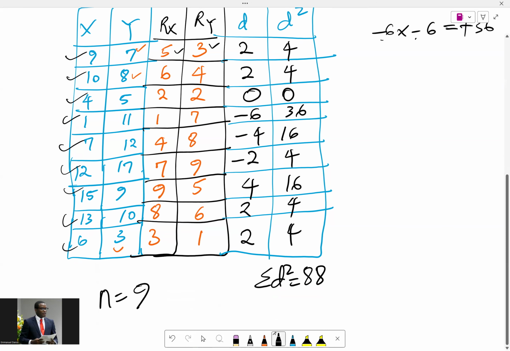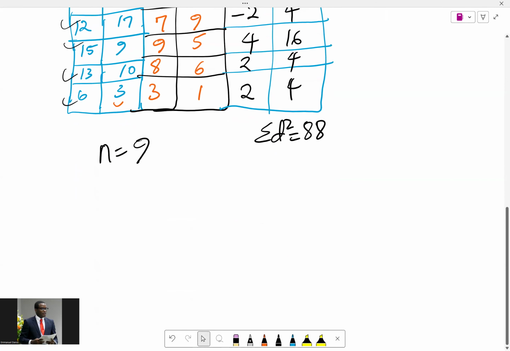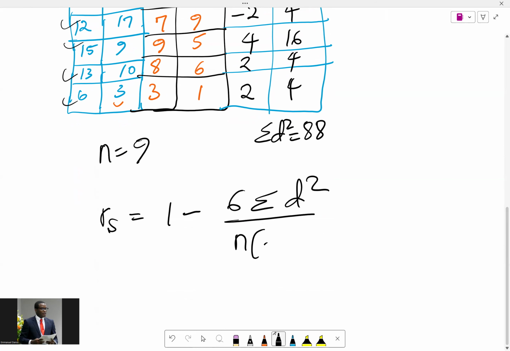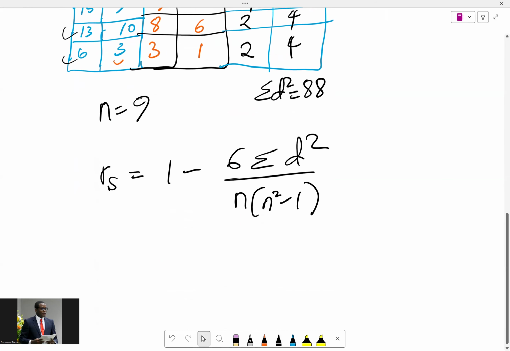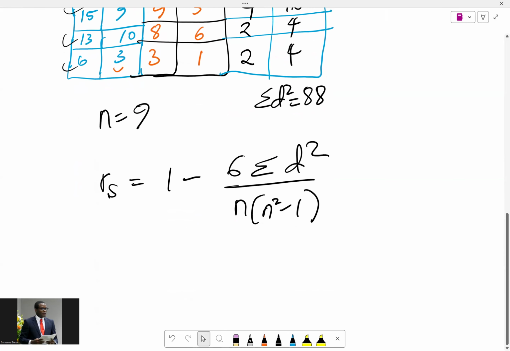So with that done, we can go back and compute the rank correlation coefficient. Rs is equal to 1 minus 6 summation d squared all over n into n squared minus 1. So we can slot in the values.